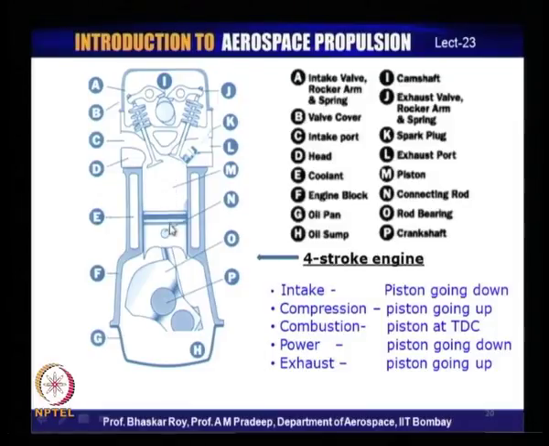Once the power stroke is completed, that means the piston reaches the bottom dead center, the piston then starts moving upwards again in the form of inertia of the system, and then this outlet valve is opened. This outlet valve is open.